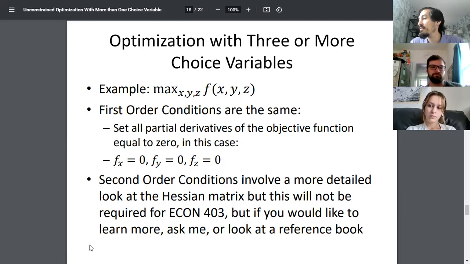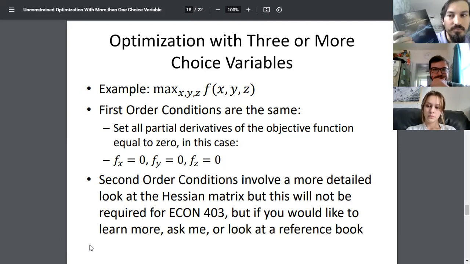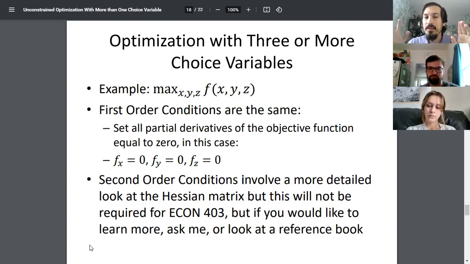My guess is very little is about that, if at all. Whereas I'm sure that the one I'm more familiar with is Alpha Chiang and Kevin Wainwright. This one does. It would say exactly what the second order conditions are for any number of choice variables. For lowercase n choice variables, it'll tell you exactly.